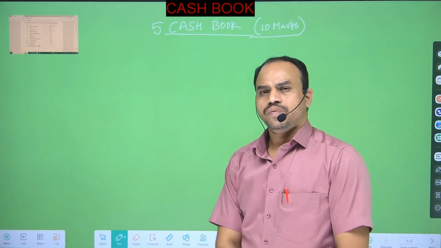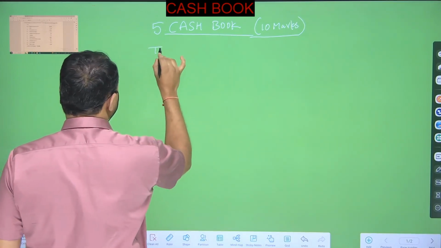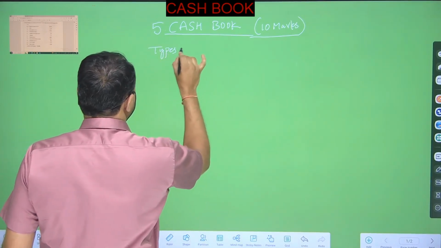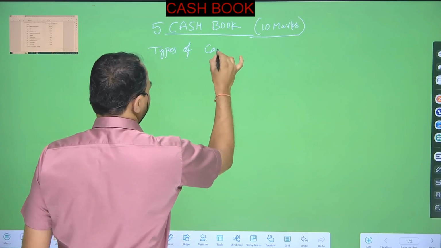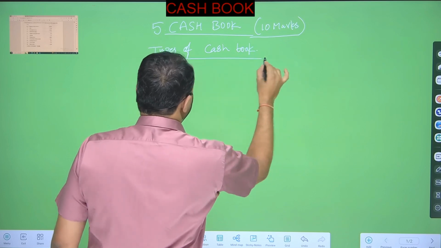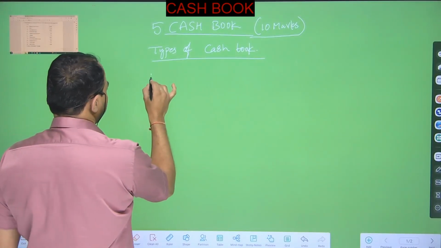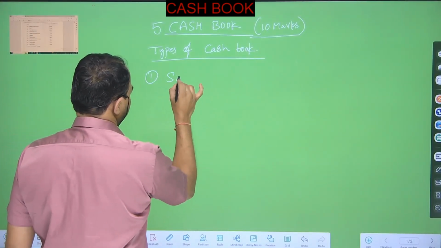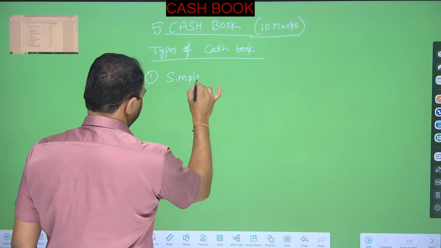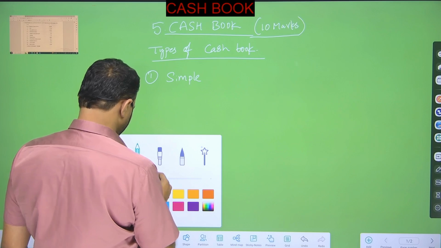Okay, so how many types of cash books are there? I will write on the board. Types of cash book. First one, simple cash book.